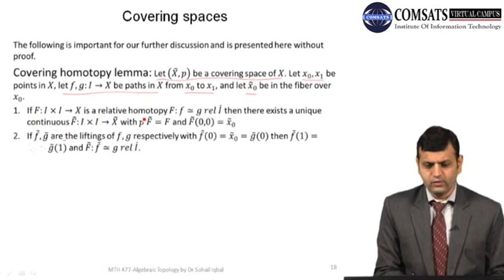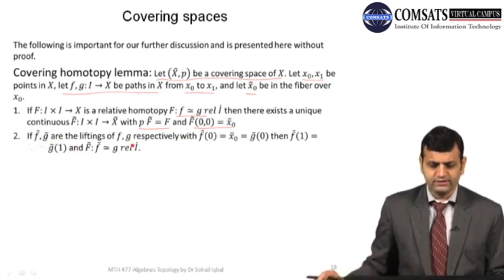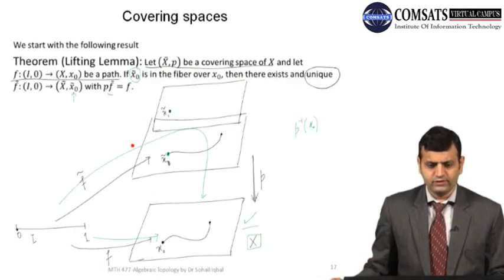If we have a relative homotopy of f and g, then there exists a unique continuous function such that this happens and this holds. Okay, and similarly, if f tilde and g tilde are liftings of f and g, so what does it mean? According to the lifting lemma, we can lift a path inside the covering space.